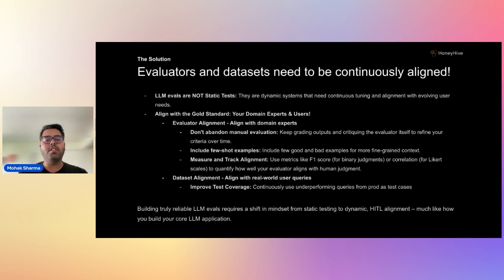And so what we find is if you're building an LLM evaluator and you want to align that, the best way to align that is with your domain experts themselves. And the way you do this is you first run the LLM evaluations, the automated metrics, which is great. But then don't abandon manual evaluations.